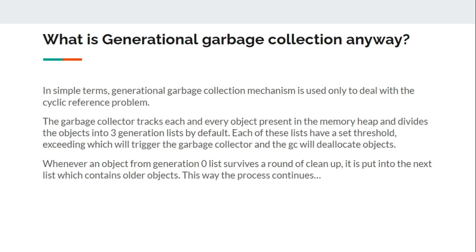So the concept is something like this. There are 3 lists as I mentioned, and each list is called a generation. Generation 0 holds the youngest objects, and then there are generation 1 and generation 2.